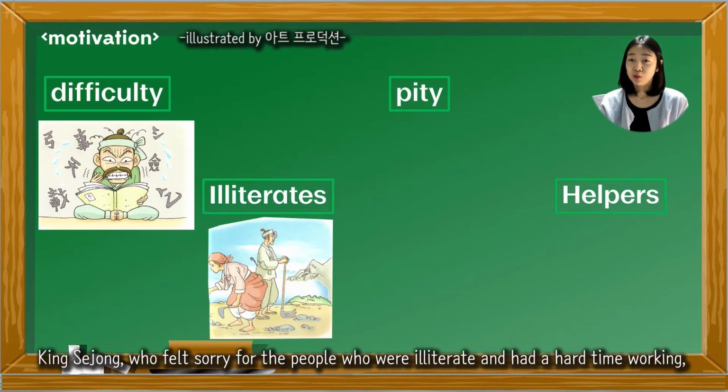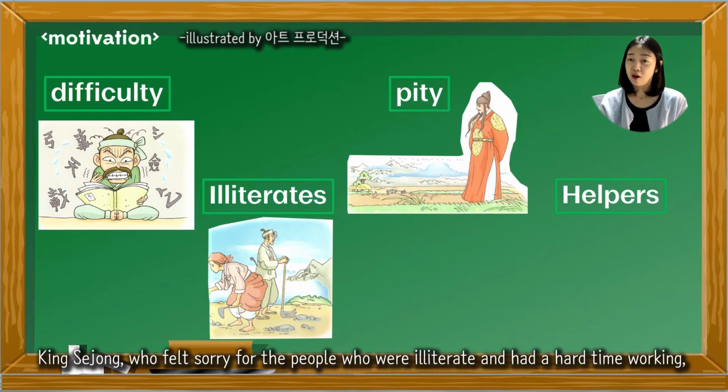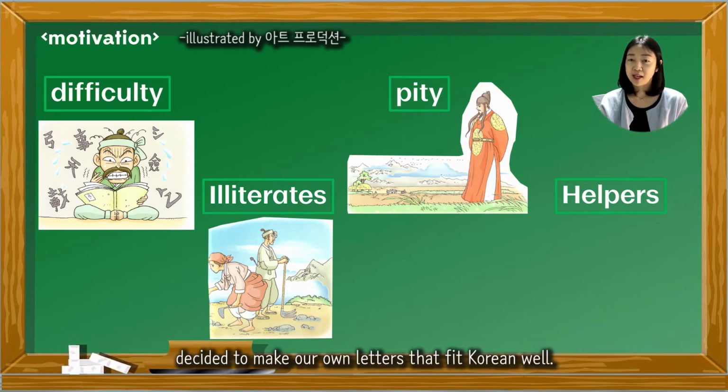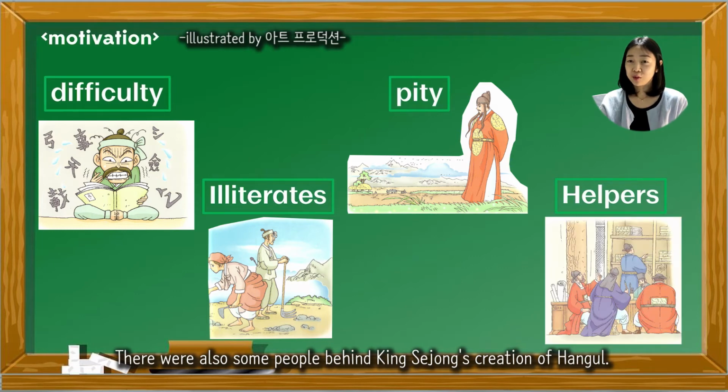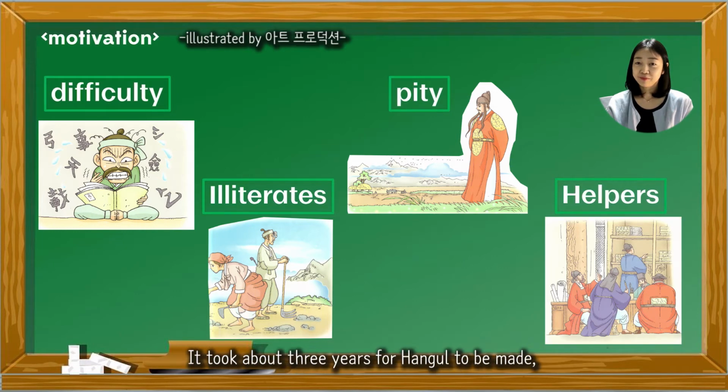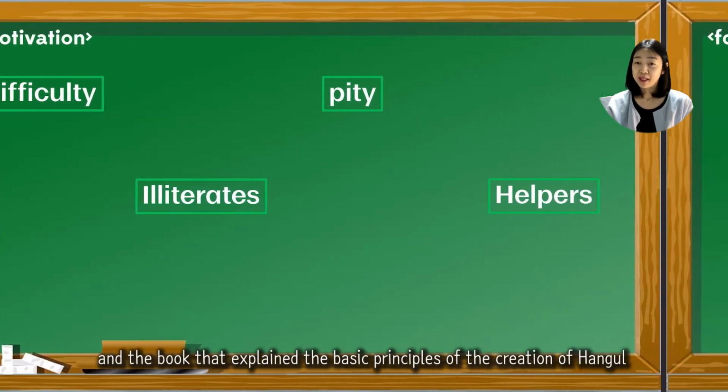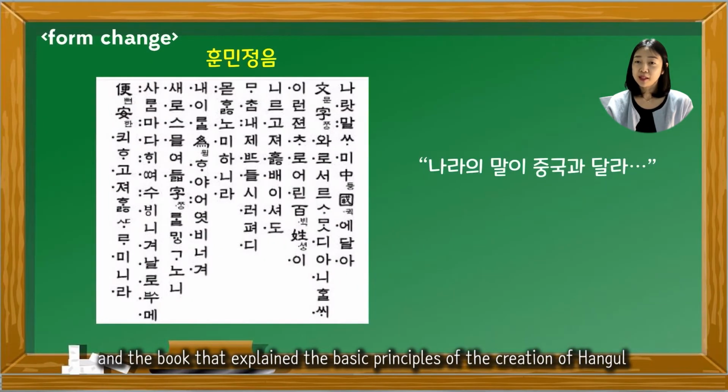King Sejong, who felt sorry for the people who were illiterate and had a hard time working, decided to make our own letters that fit Korean well. There were also some people behind King Sejong's creation of Hangul.